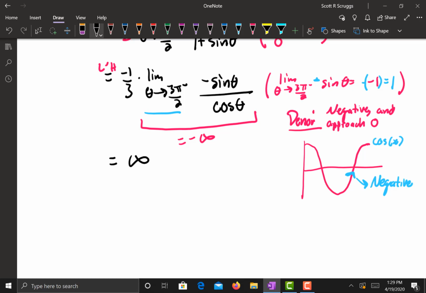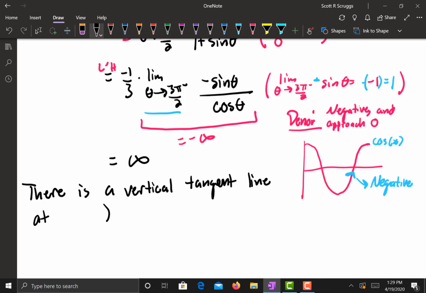So my conclusion for 3 pi over 2 is there is a vertical tangent line at angular value 3 pi over 2.